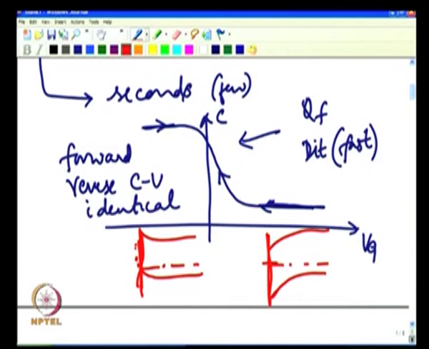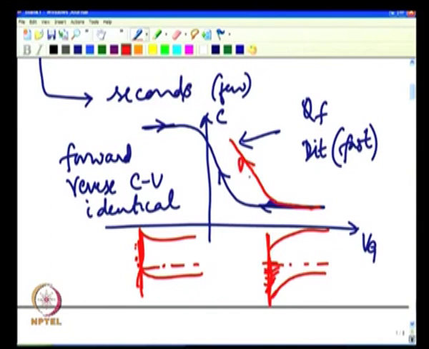So, because you have these extra traps, extra charge, when I have come from negative to positive, I have this condition, and when I am waiting here during this period and while I am coming back, all these are now filled with electrons. Now, you see when I am going back I have extra negative charge here, and because there is an extra negative charge the CV will not trace the original CV, the CV will actually go back like this.